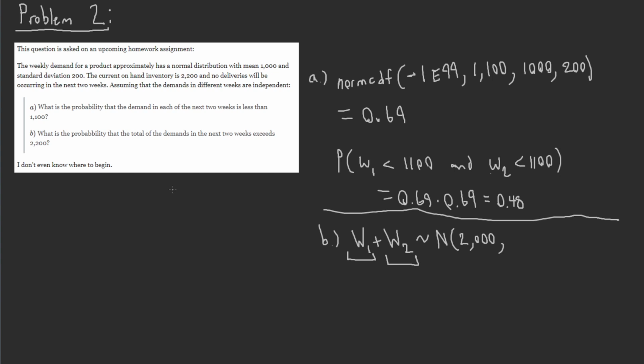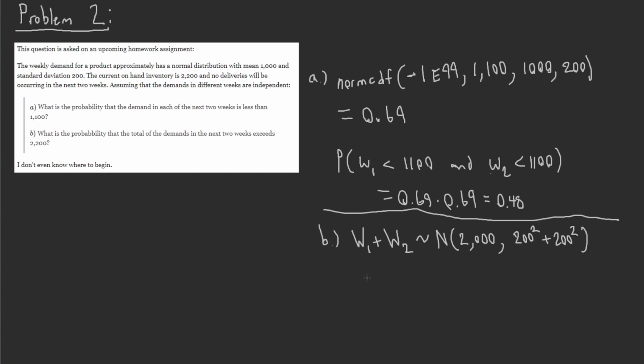And so if we were going to add these two variables together, we would just add the sums of the squared deviations away from the mean for both of these random variables. In other words, we would just sum the variances. Remember that this 200 is the standard deviation, not the variance. But for the sum of these two random variables, it's going to be the sum of both of those variances.